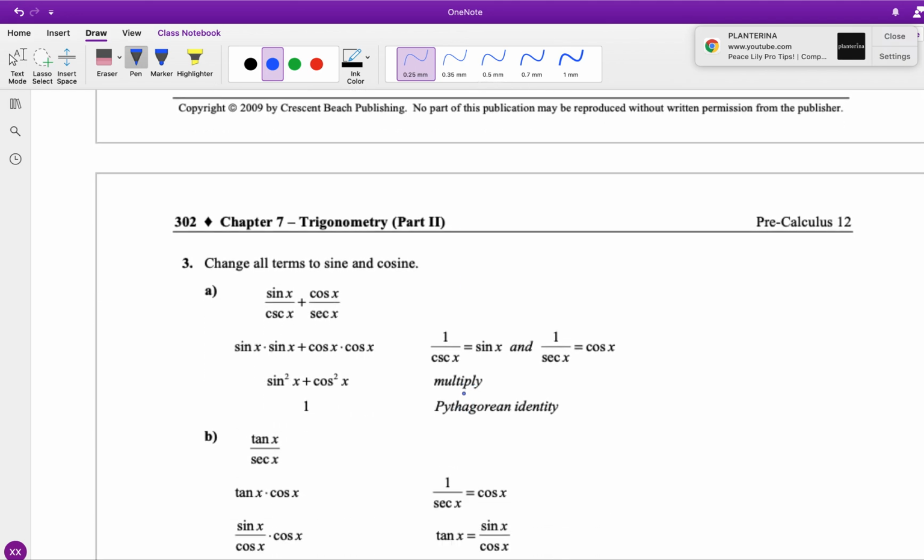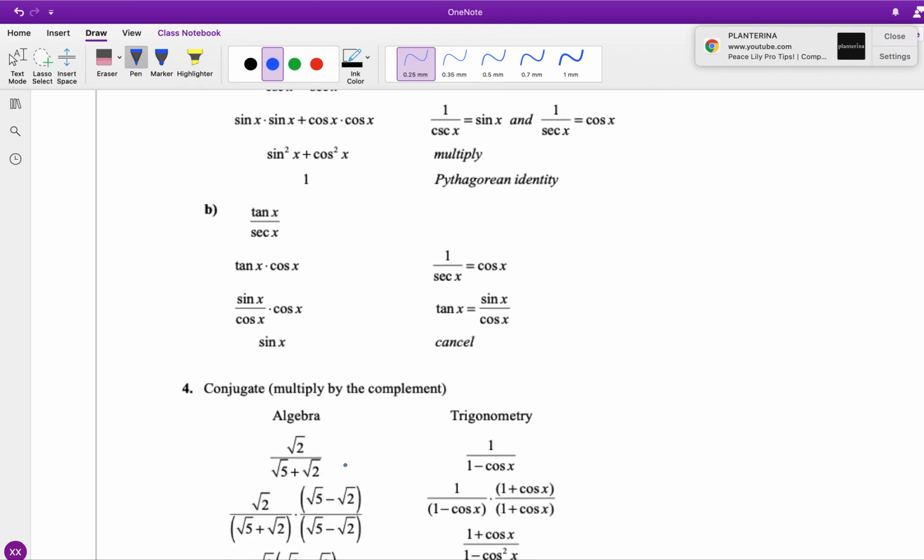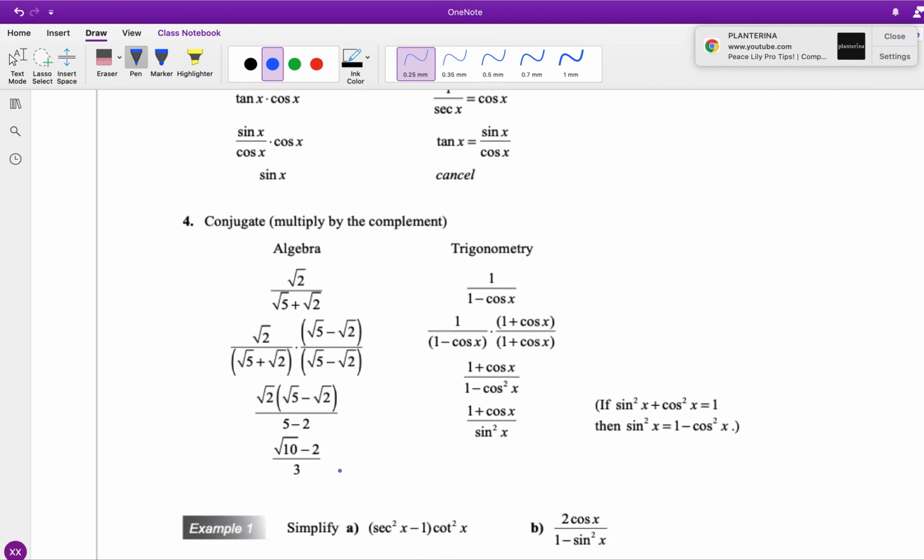We can also say, if it's a secant and a cosecant, then we just change both to sine and cosine. That's fine. So this one is tangent, and the secant I'll change to sine and cosine.